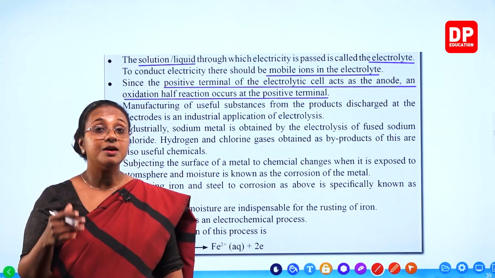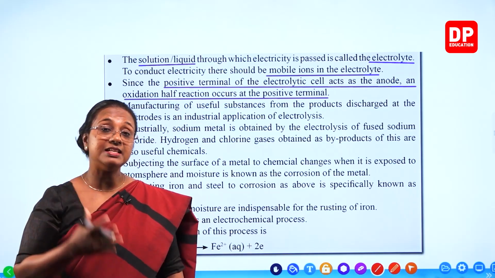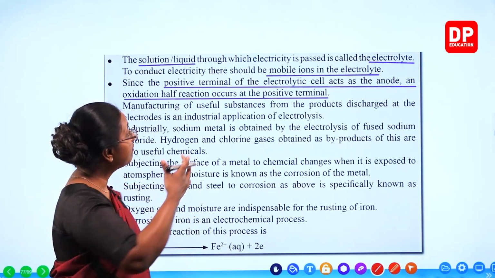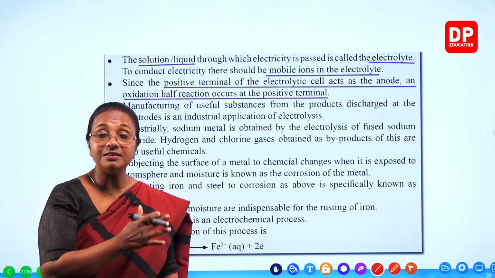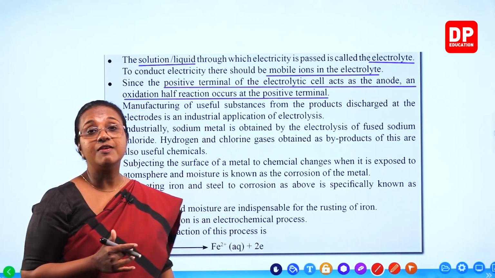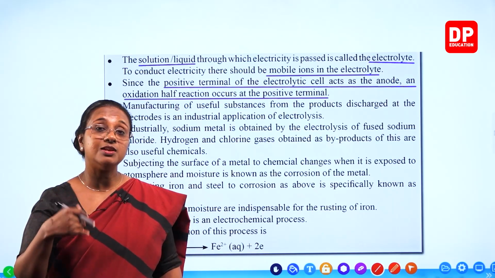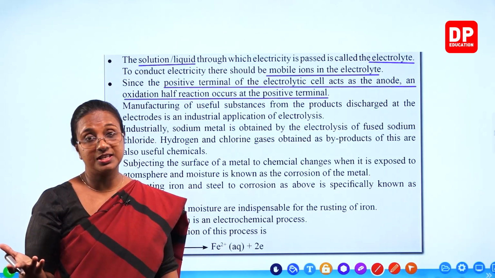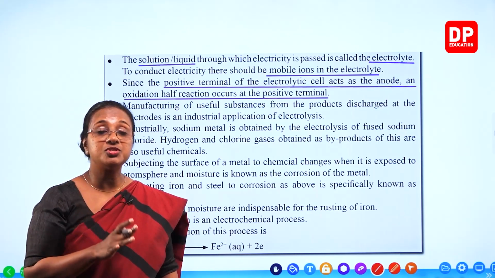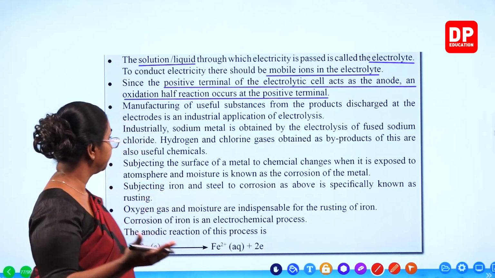Why is that? Because the negative ions in the electrolyte solution migrate or get attracted to the positive electrode. And there they lose electrons and get oxidized. So because of that, the positive electrode is the anode.